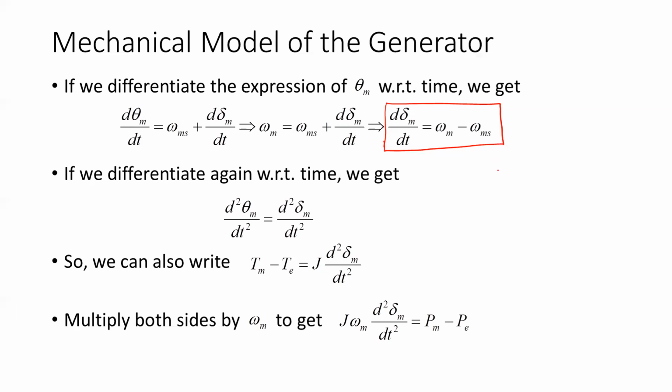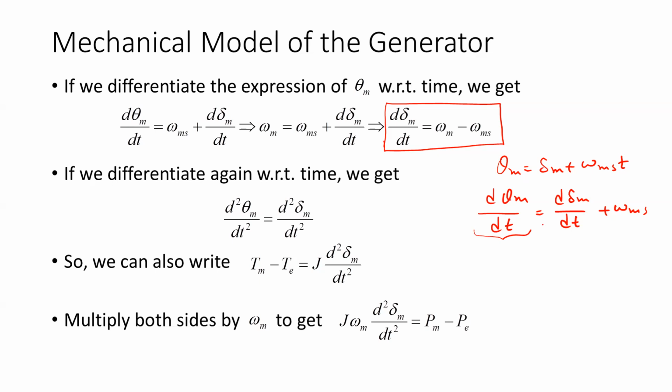Let me write. What was the relationship from the previous slide? We know that theta m is delta m plus omega ms into t. So d theta m by dt is d delta m by dt plus omega ms, and this term is essentially what?